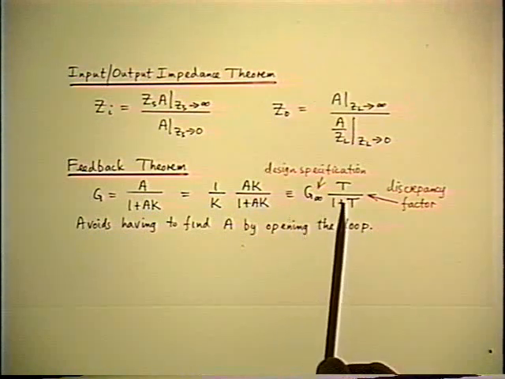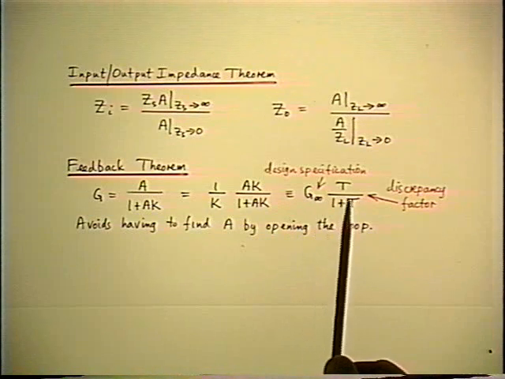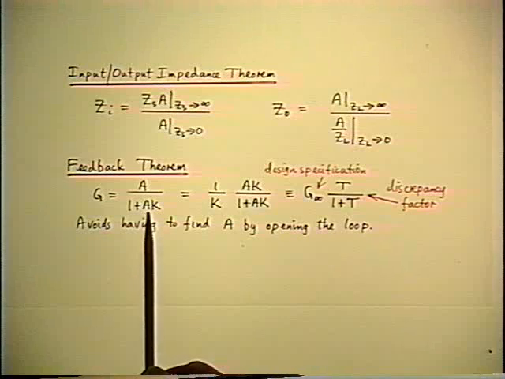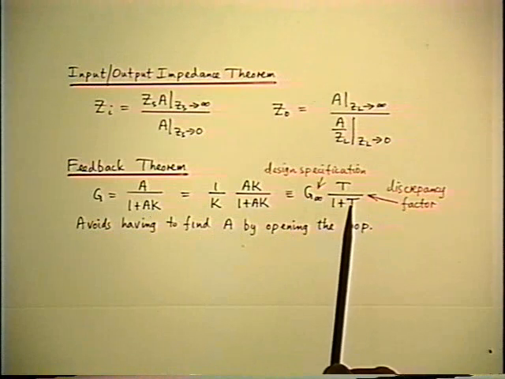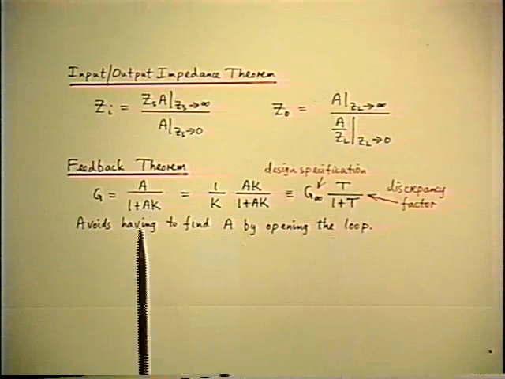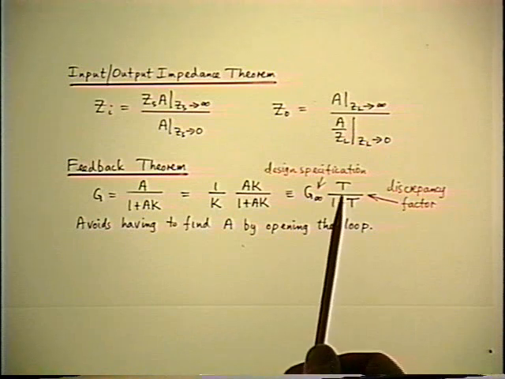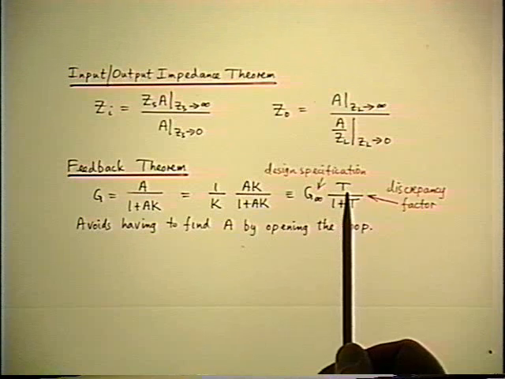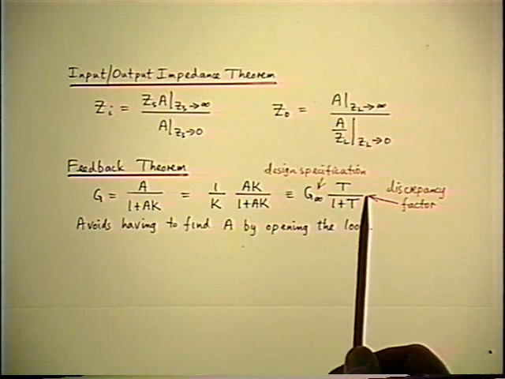There's only two quantities that are important, which is the G infinity and the T. The T contains A, but all that you need to know is the total product A times K. You don't need to know A separately. Which is very nice because A was the thing that was hard to find. So if it turns out to be easy to find T, and we've yet to look into that, that's really what the design problem is.